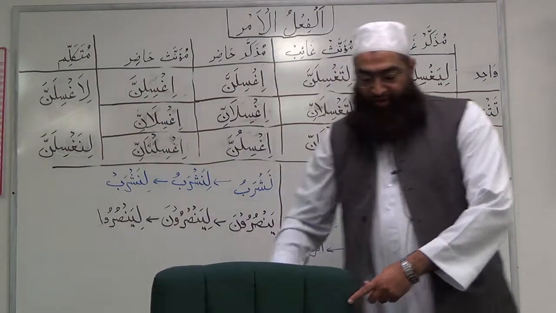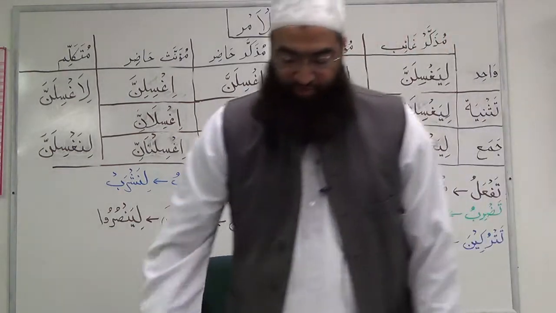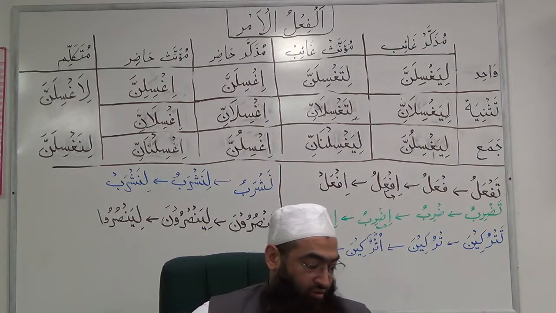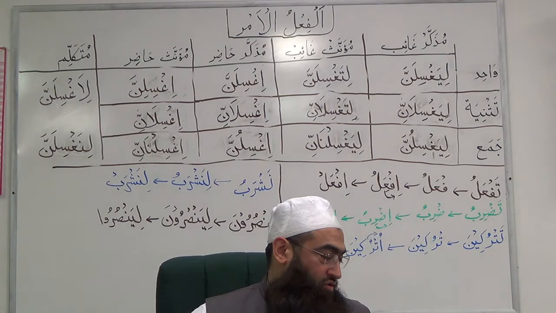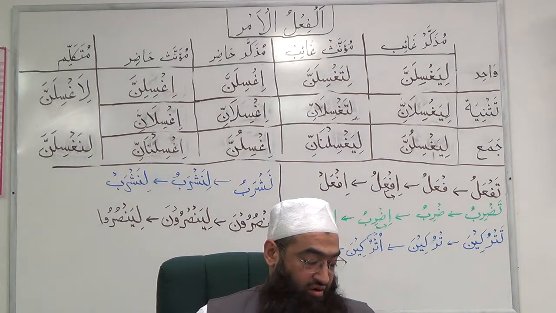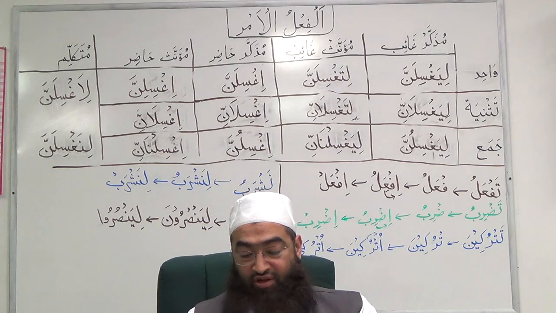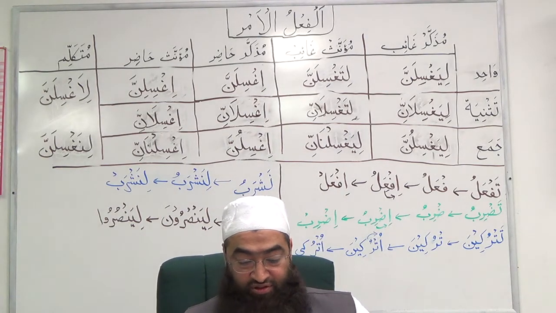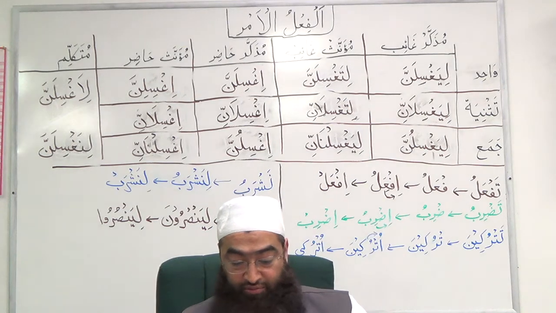Okay, so we got a few minutes. I'm going to get some examples from the Quran. Last time we got the examples of Mudhakkar Hadir, so let's get some examples when it's Ghaib.